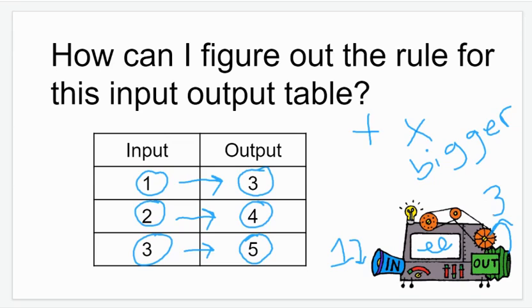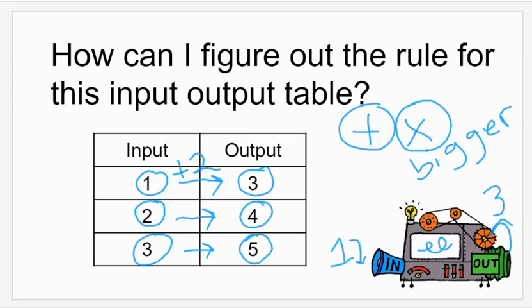I have to figure out what the magic is. So I know that the number is getting bigger, which means I could add or multiply. I see that 1 turns into 3. That's getting bigger by 2. 1 plus 2 would give me 3.